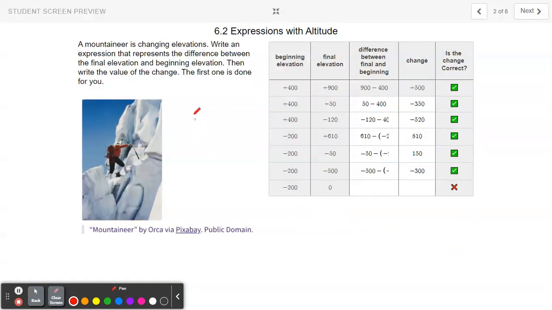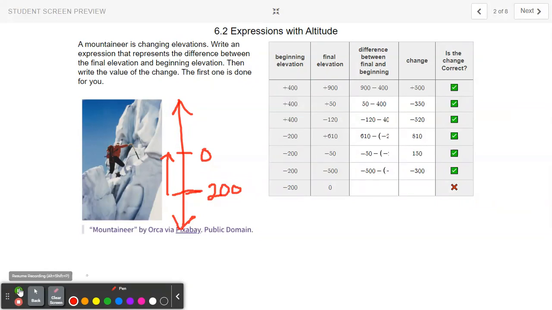For this one, we're starting at negative 200 on our number line, and we actually end up at 0. So we know that our change is going to be positive because it's going up in elevation. I'm going to take my ending elevation, my final elevation of 0, and subtract my negative 200.